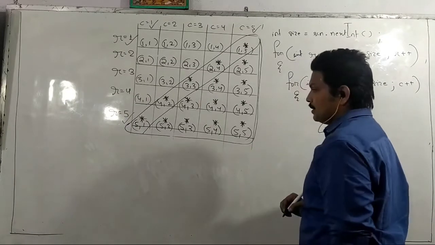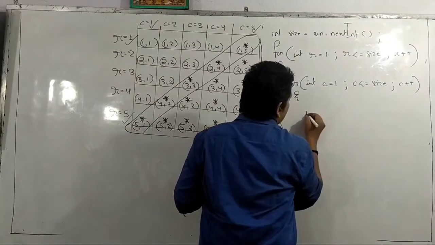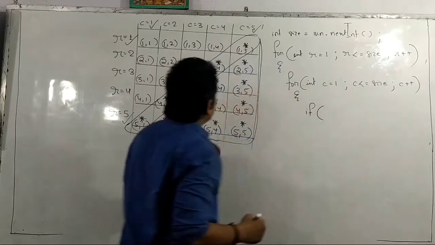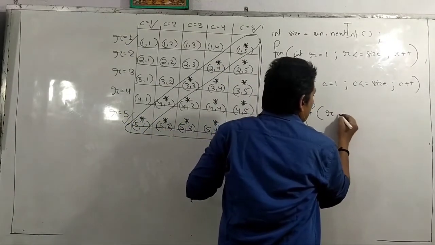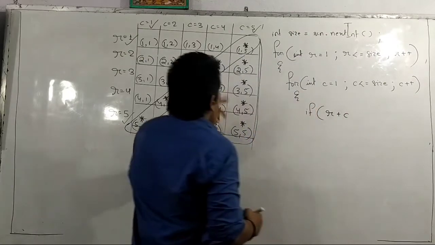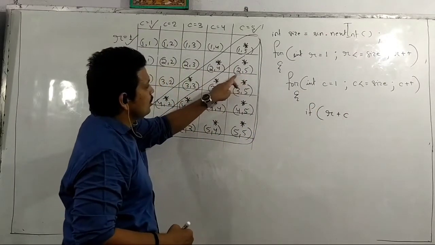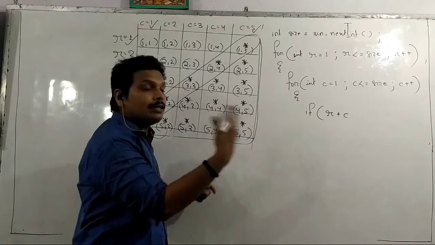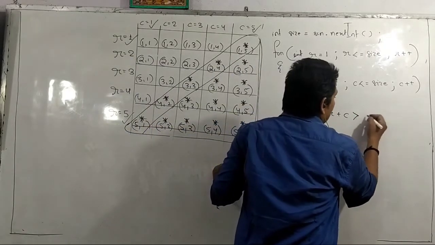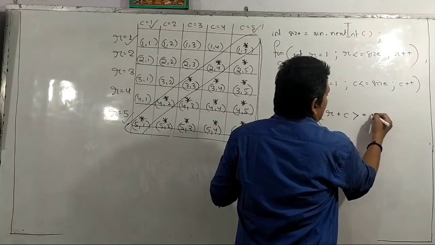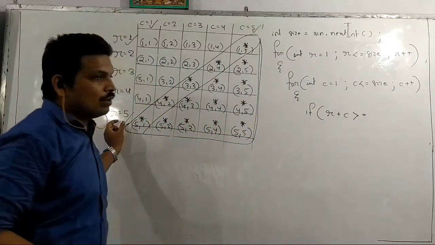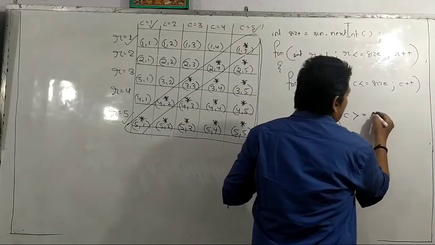Okay, c++. Now what was that condition? Condition was R plus C. It is 5 plus 2, 7. 5 plus 3, greater than or equal to, in this case it is 6. Okay, 6 means 5 plus 1. 5 plus 1 means size plus 1.